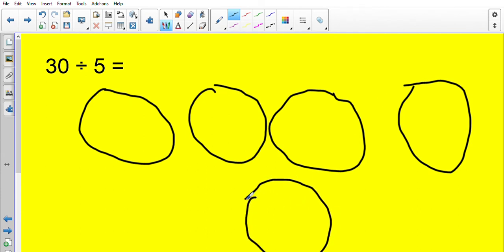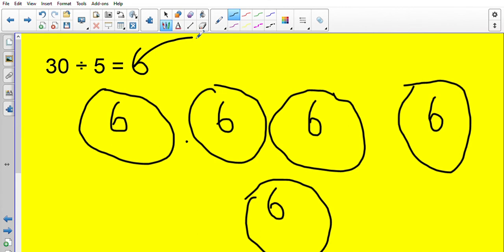And I'm going to count how many goes in each group. 6, 12, 18, 24, 30. And the reason I know that is I counted in 5s in my head. So I counted 5, 10, 15, 20, 25, 30, and it took me 6 times in 5. So I knew that each group had 6 in it. So 30 divided by 5 equals 6.